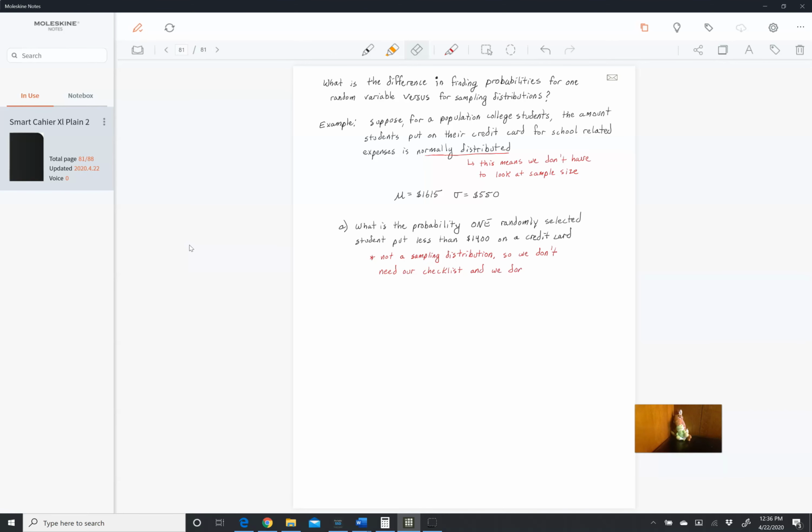Okay, this is what we've done in previous lectures versus what we've done in this lecture. Okay, so we're just going to find our z-score.